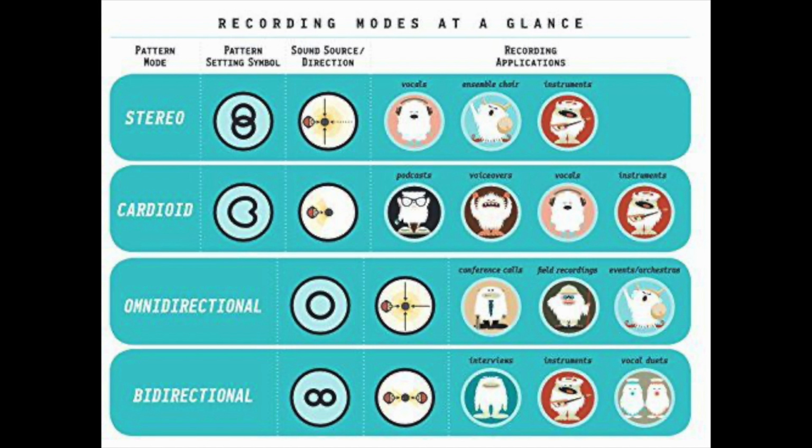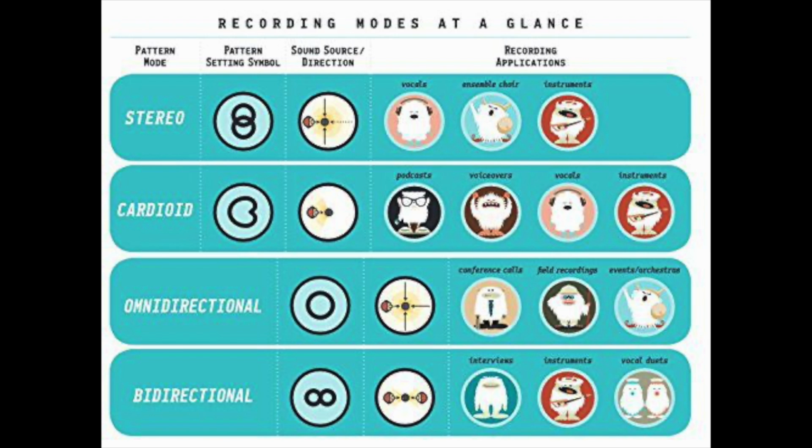And they've put this table together, and it's very easy even for me to follow. So if you start from the top, the stereo is more about capturing vocals, ensemble, choir, if you ever got an ensemble choir that you want to capture, and instruments. So if you're recording music, then that is the setting for you.